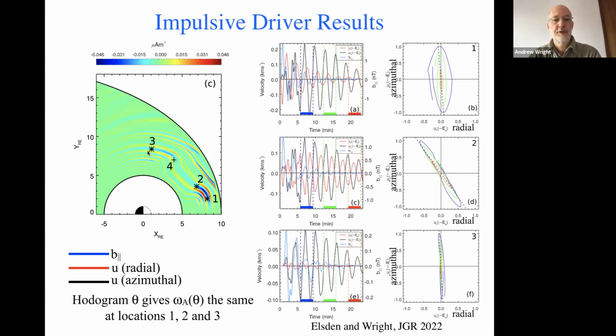And then position 3, this is back in a locally 2D medium, so it should be azimuthally polarized, and indeed that's what we see here. It's also interesting to note that there's a little delay here before the wave fields start to be non-zero.